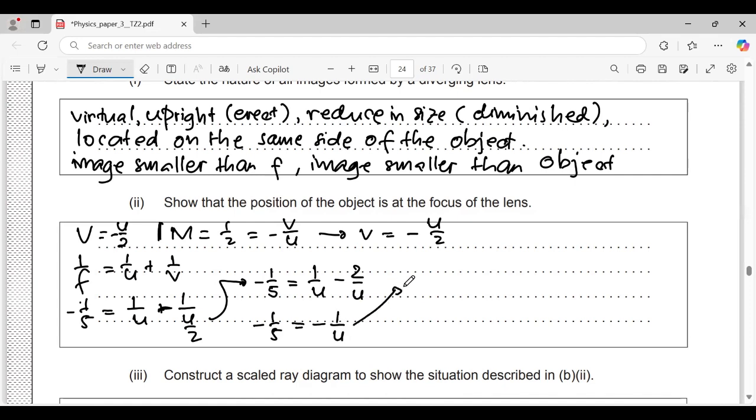So it means u equals 5. Yeah, u equals 5.